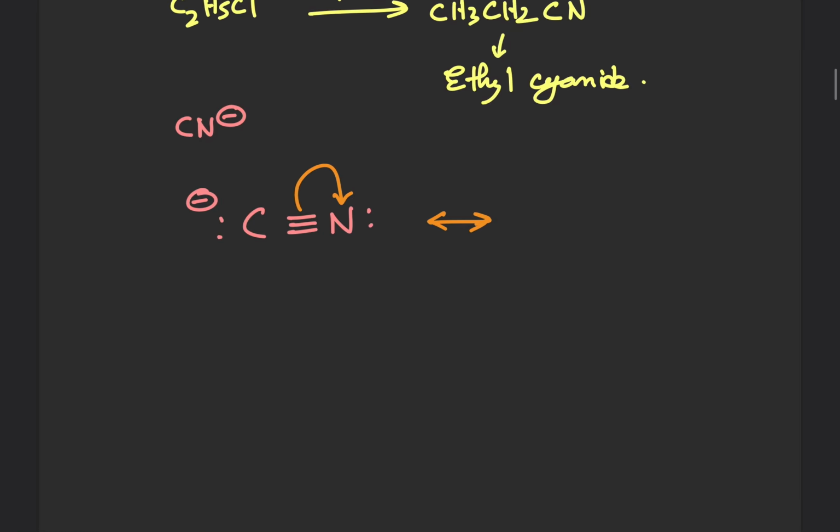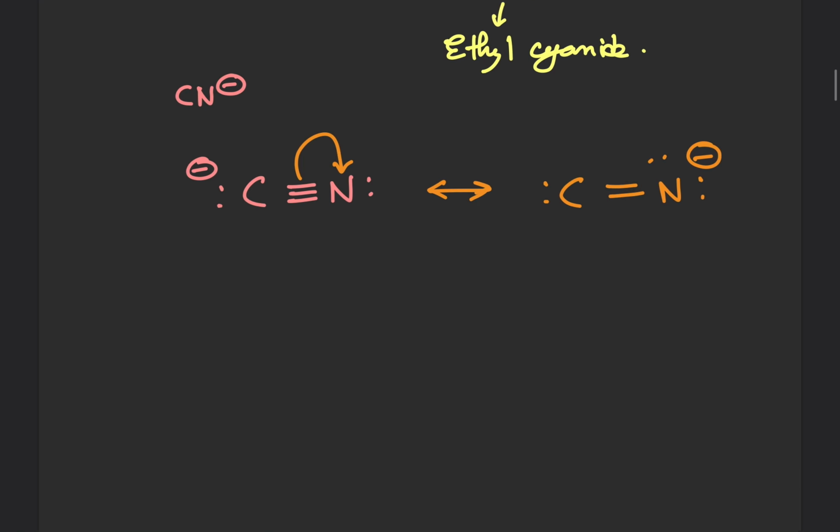So the other structure will look something like this: C double bond N, lone pairs, and negative charge. Okay, so you can see either the carbon or the nitrogen can act as electron donors. Okay, so therefore CN minus is an example of an ambident nucleophile.